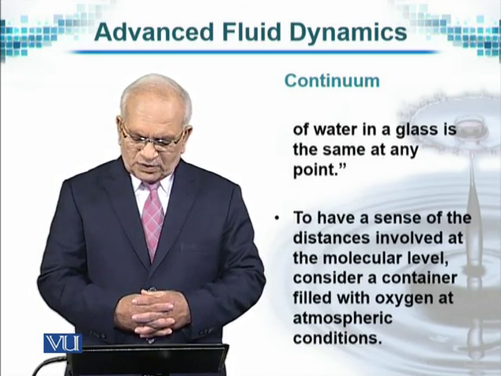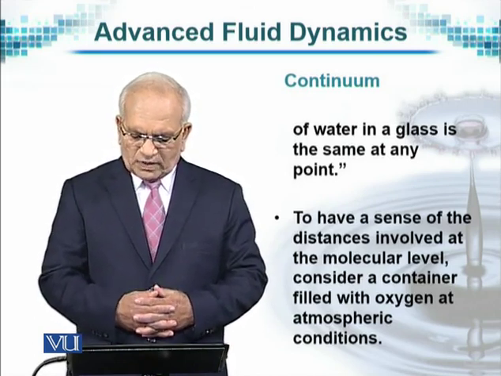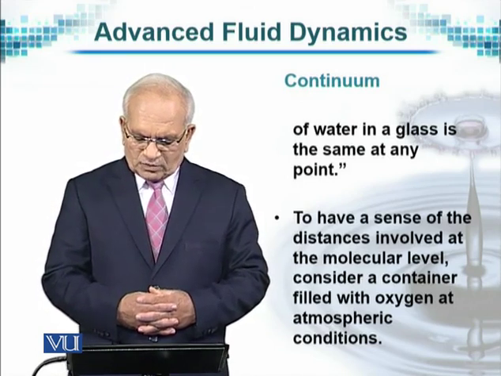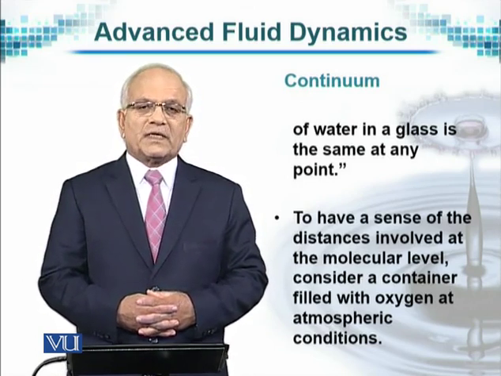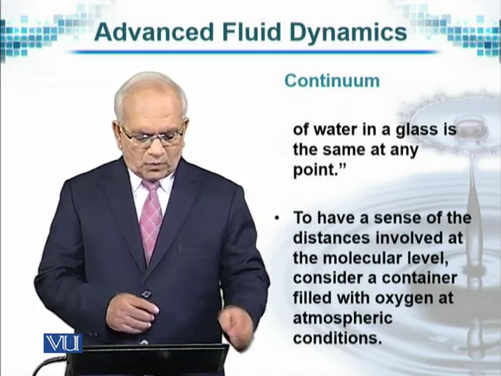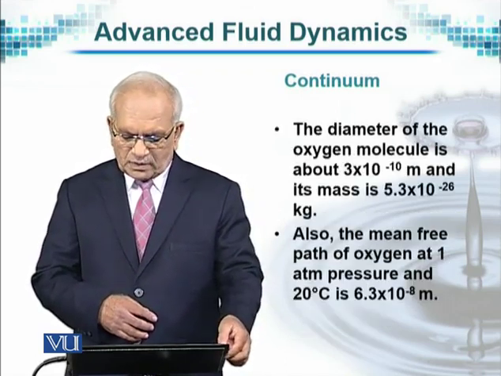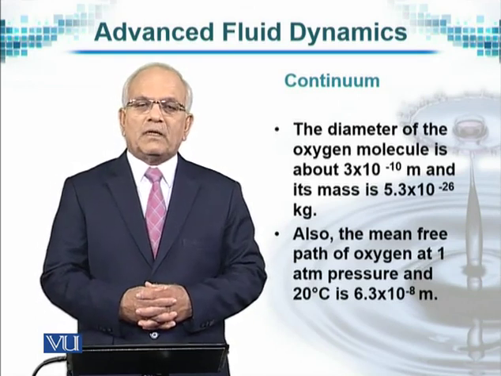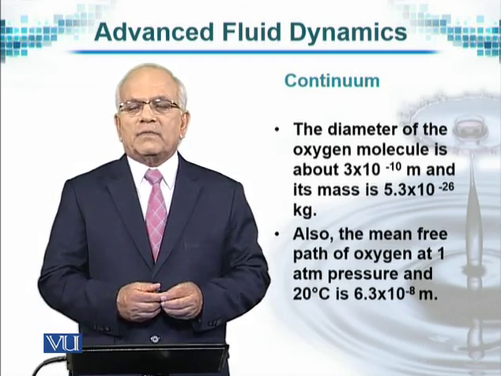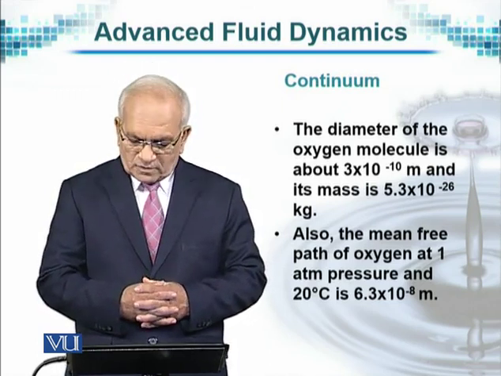To have a sense of the distances involved at the molecular level, consider a container filled with oxygen at normal atmospheric condition. This is just an example of how we make our estimation and eliminate errors.